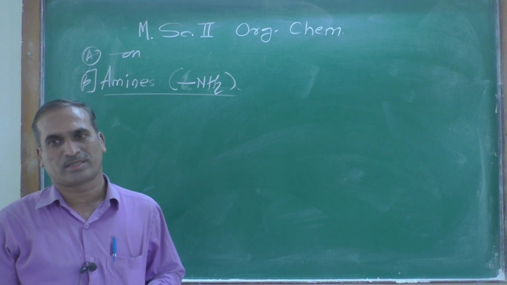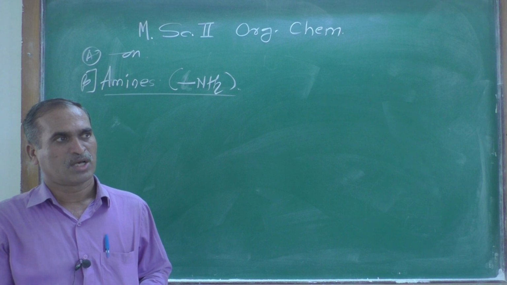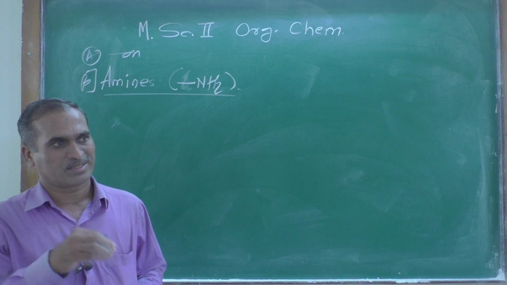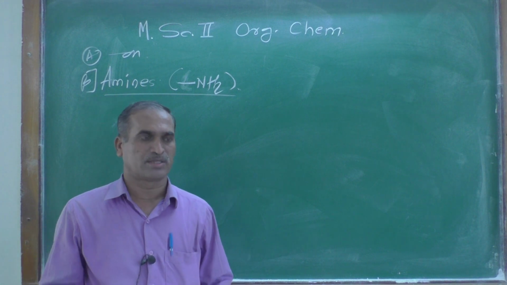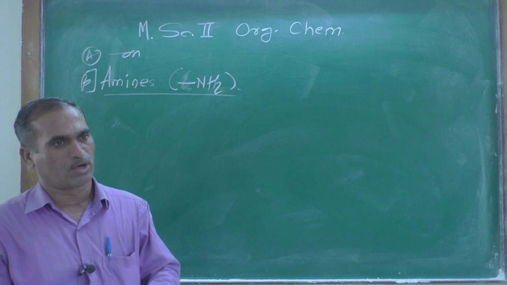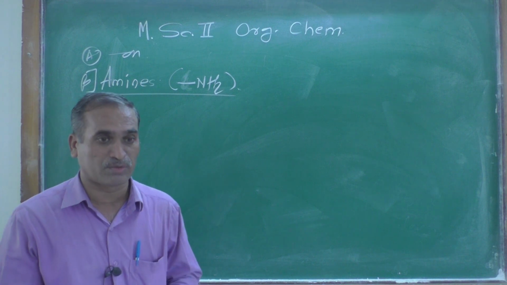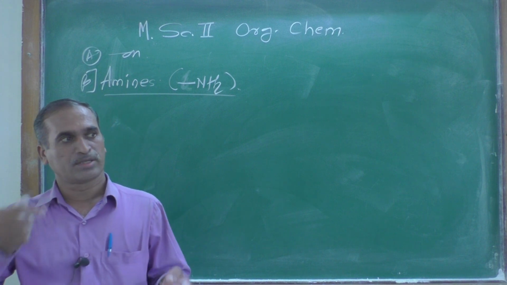And as we know, amino groups are important in protein synthesis or peptide synthesis, because most of the amino acids, there are 20 amino acids, that we will see later on, have amino groups present.